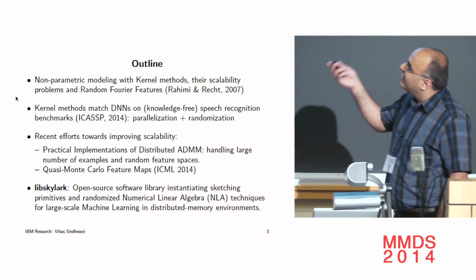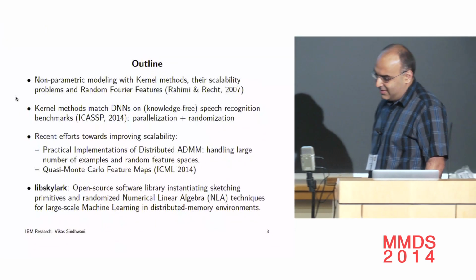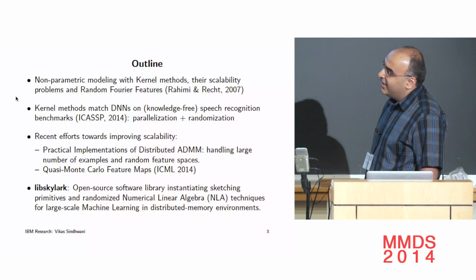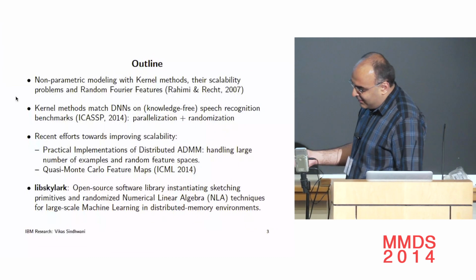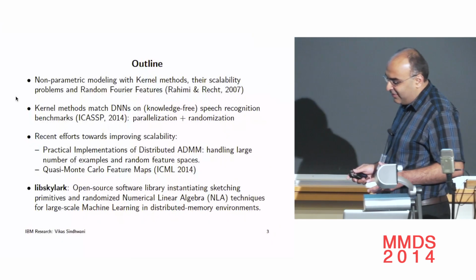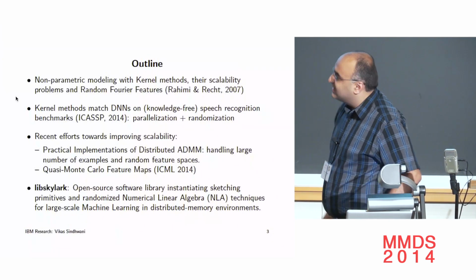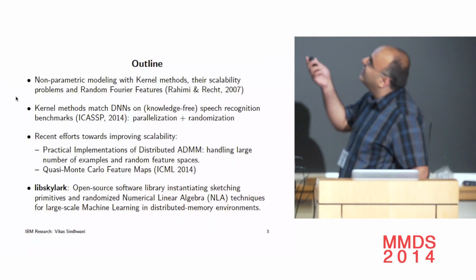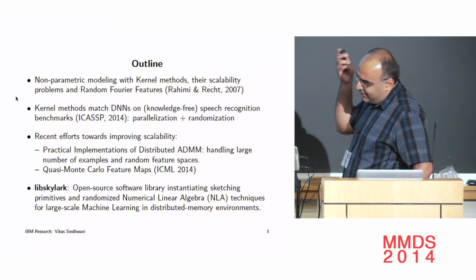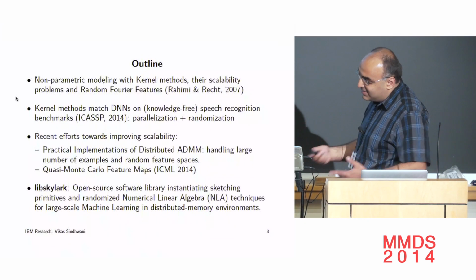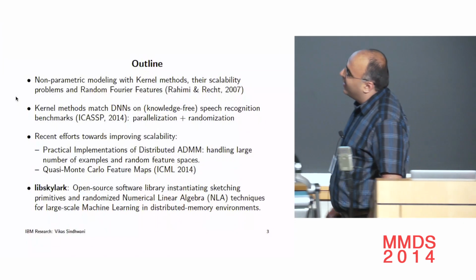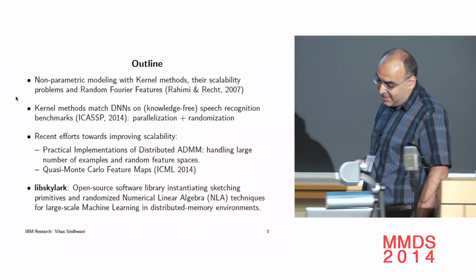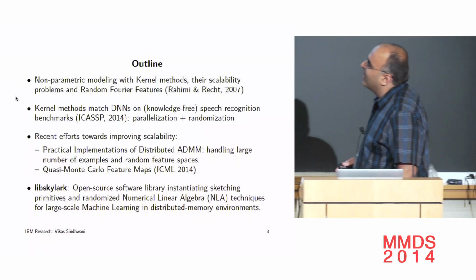And then I'll talk about two different contributions towards this effort. One is to simply take these randomized methods and implement them in a practical fashion with distributed optimization techniques. And the other is to improve the quality or the efficiency of this technique by essentially a de-randomization approach, which is based on Quasi-Monte Carlo feature maps.